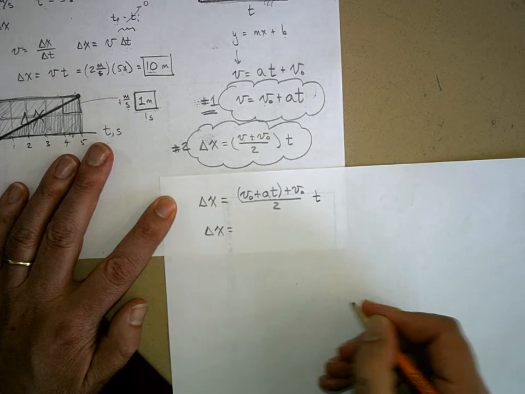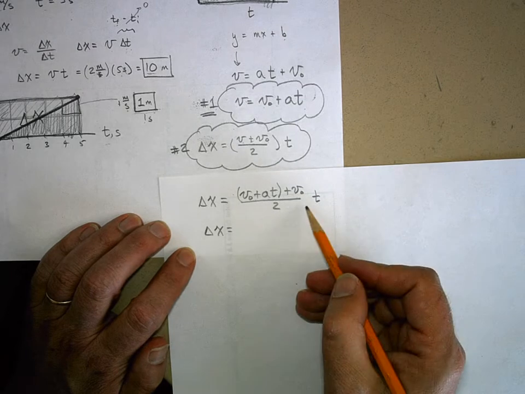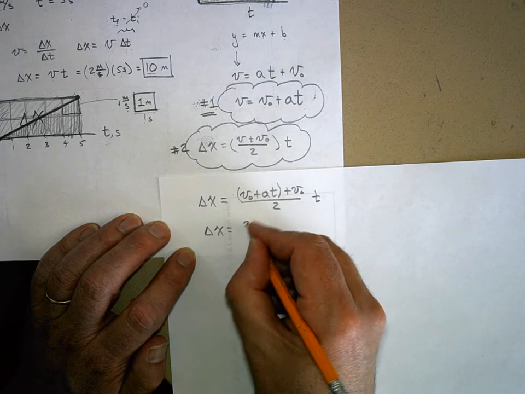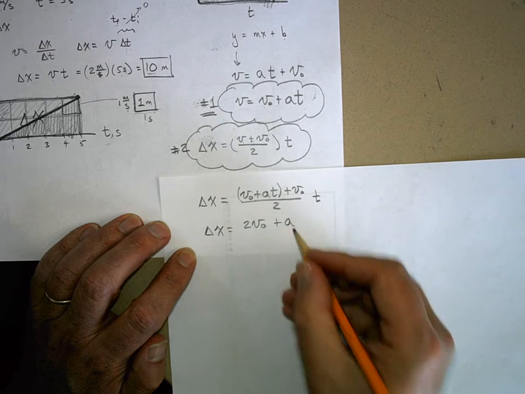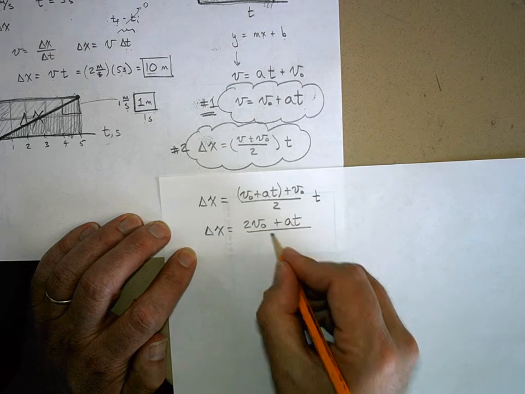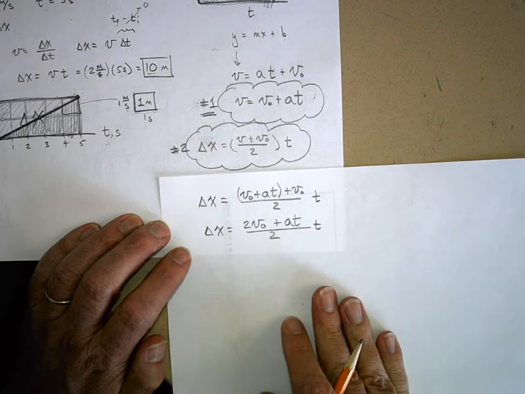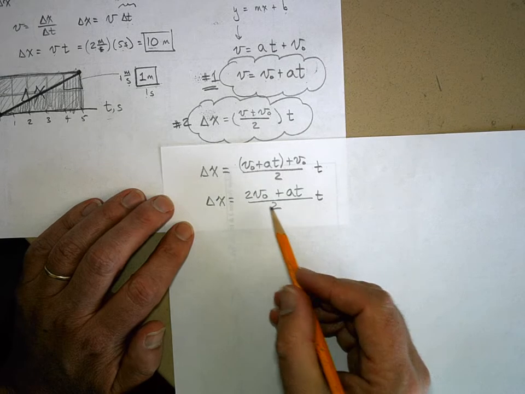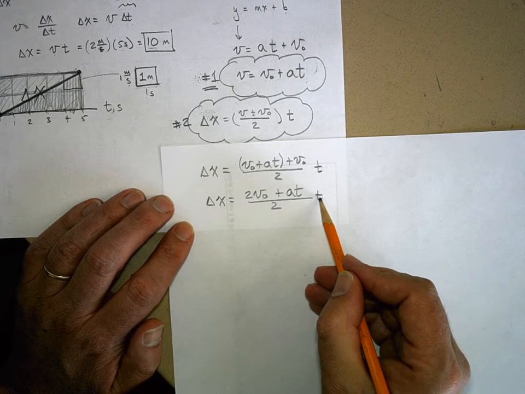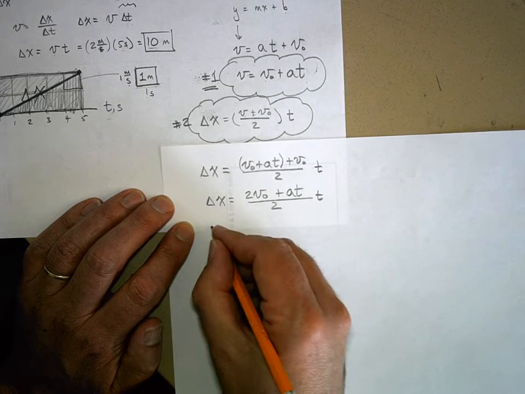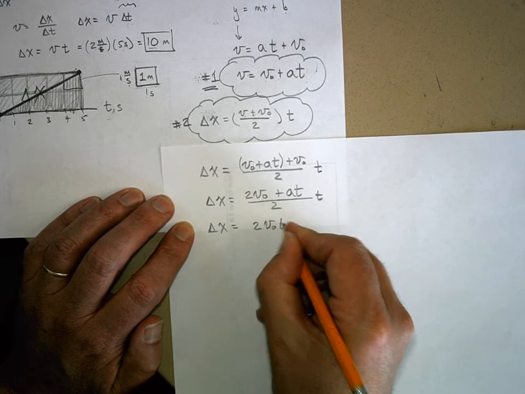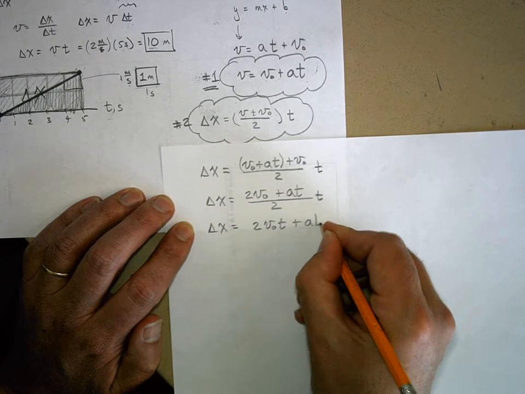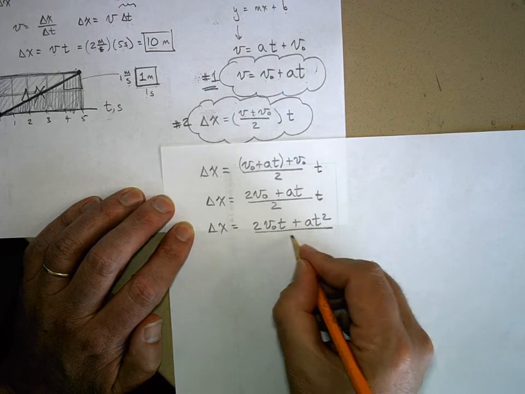Now I'm just going to clean it up. Delta x equals, well, let's take a look at the top. This is 2 v naught plus a t, over 2, times t. Now I'll go ahead and distribute time in here. So you get delta x is equal to 2 v naught times t plus a t squared, and this, of course, is all divided by 2.